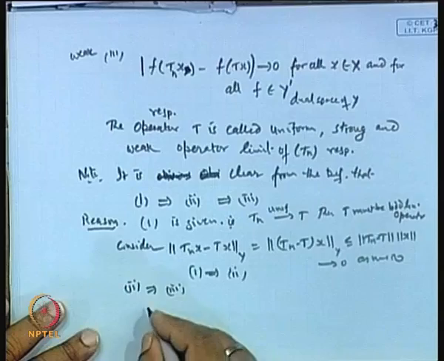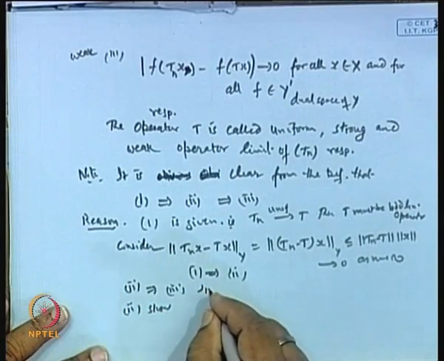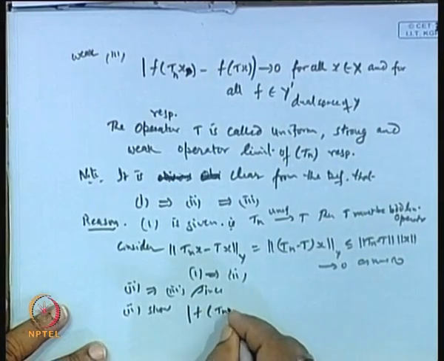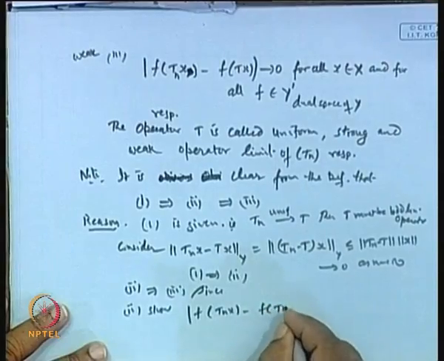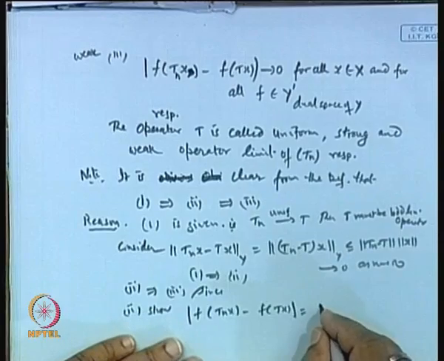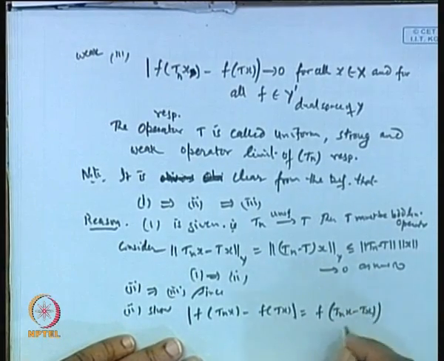Now, second implies third. What is second? Modulus of f(T_n x) minus f(T x) is equal to modulus of f(T_n x minus T x).